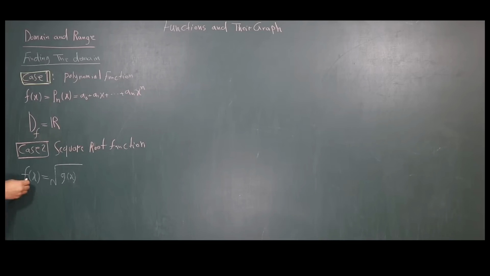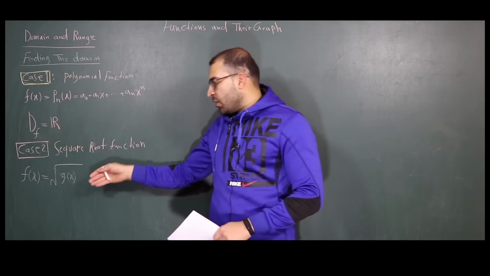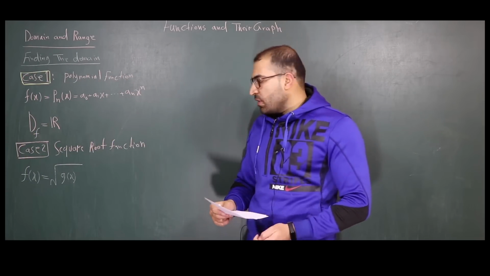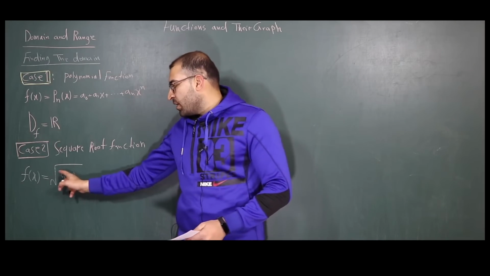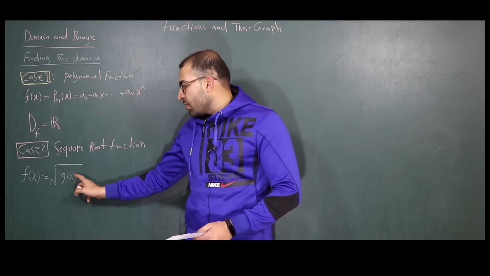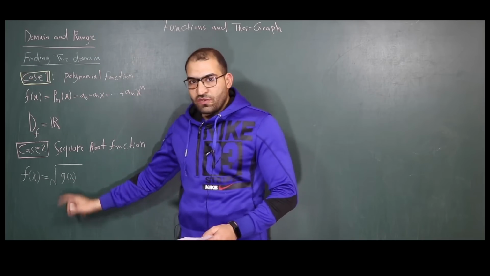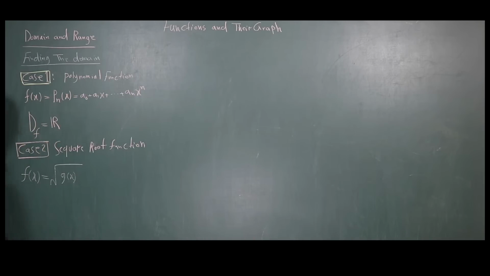To find the domain of this function, the set of numbers that I can feed the function with so that the result is well defined, I need to restrict the expression inside the square root to be greater than or equal to 0.